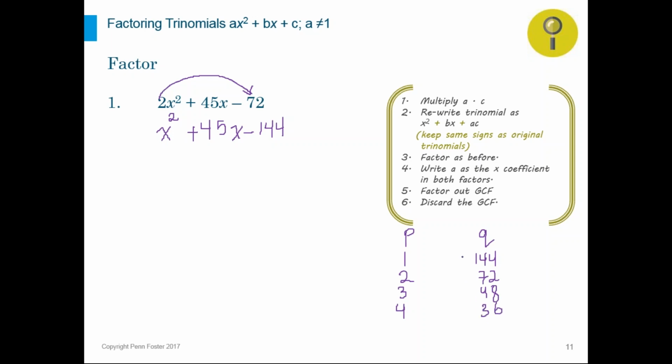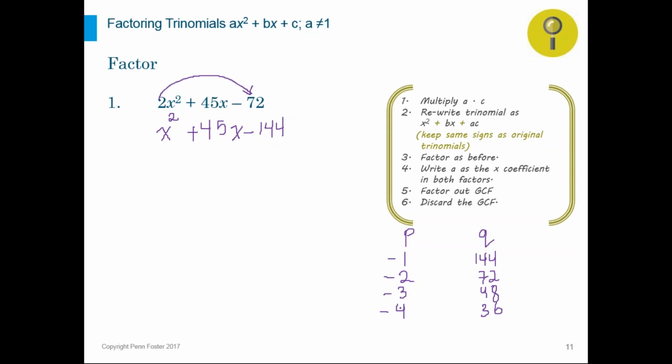Let's try the ones that we have here. If we need more, we can go down the list. Now, I see that it's a negative 144, so one factor should be a positive and the other one should be a negative. Which one? Well, the sum is positive, so the bigger values of those factors should be the positive, and the smaller ones should be the negatives.